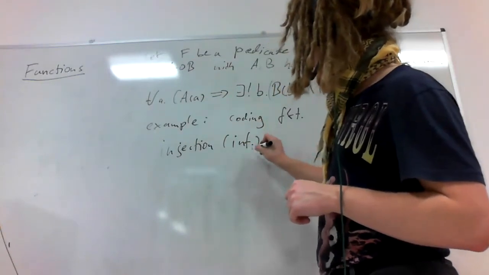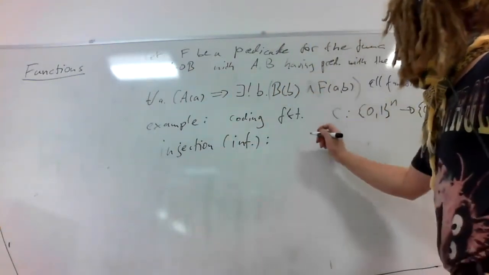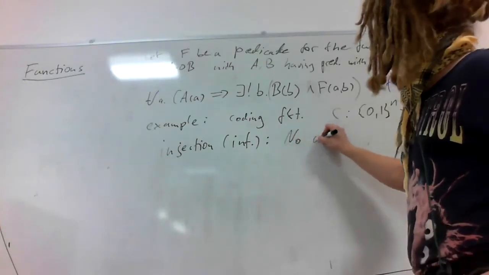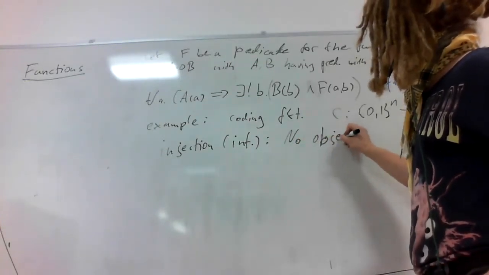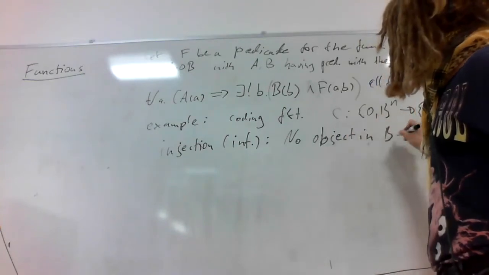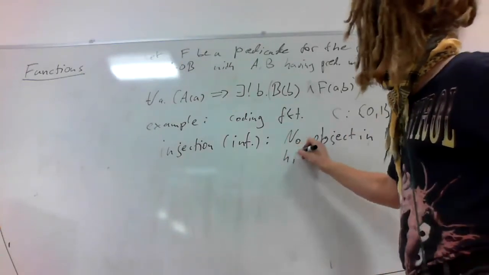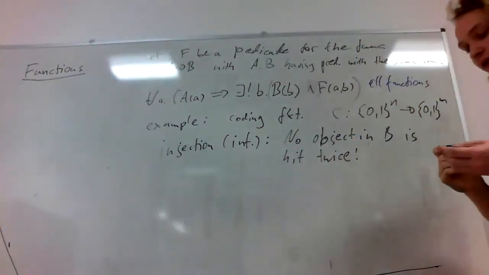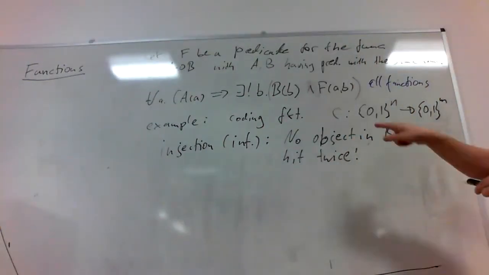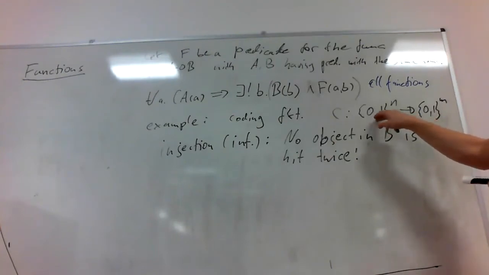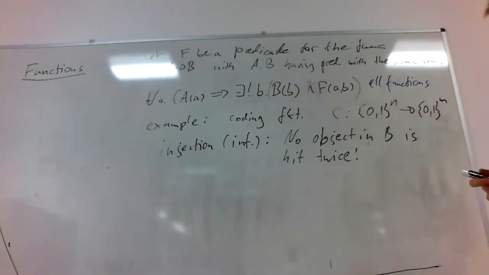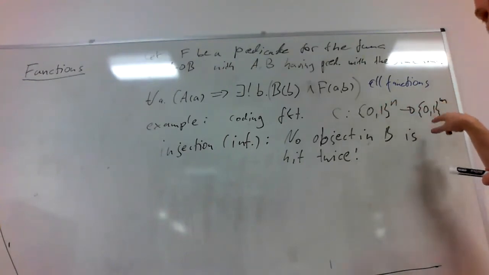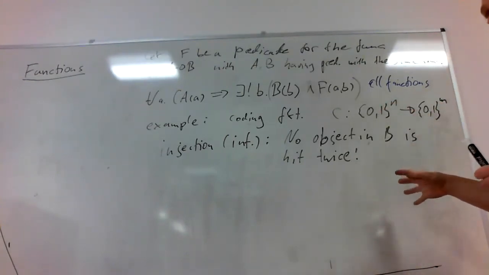informally, means no object in B is hit twice. Why is that important? If two different objects in C, the first vector, hit the same object in the output, then we can't reverse it.